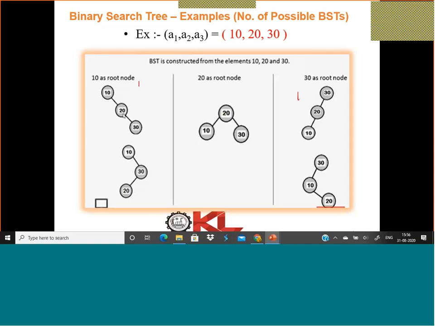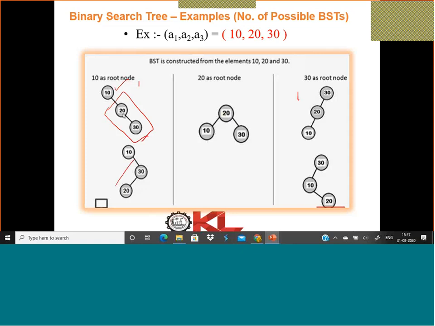The first one, on the left side, is where I am taking 10 as the root node. If I take 10 as the root node, how many trees can I construct? I can construct 2 trees. 10 is the root node and the right subtree contains 2 elements.